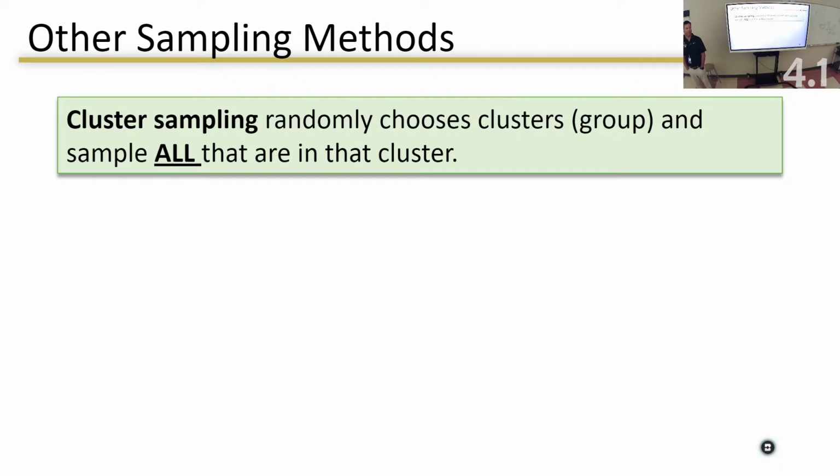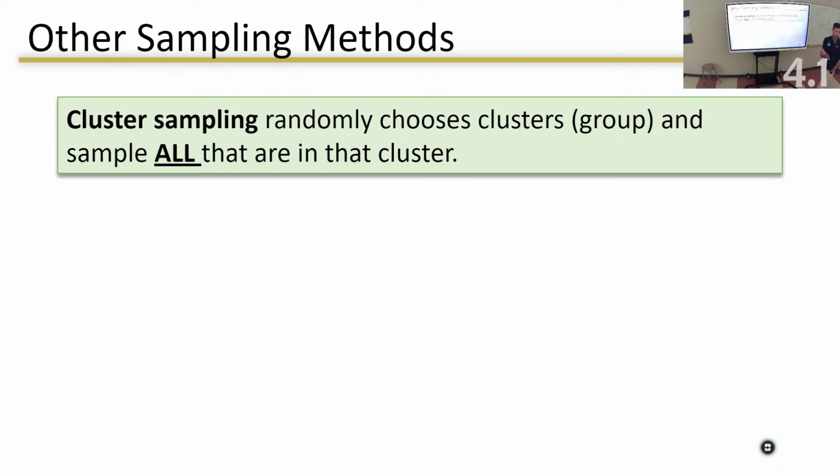Randomly choose a group and survey them all. This is typically a little bit faster, a little bit less money, a little bit easier. However, it could also be more varied. What information am I trying to find?